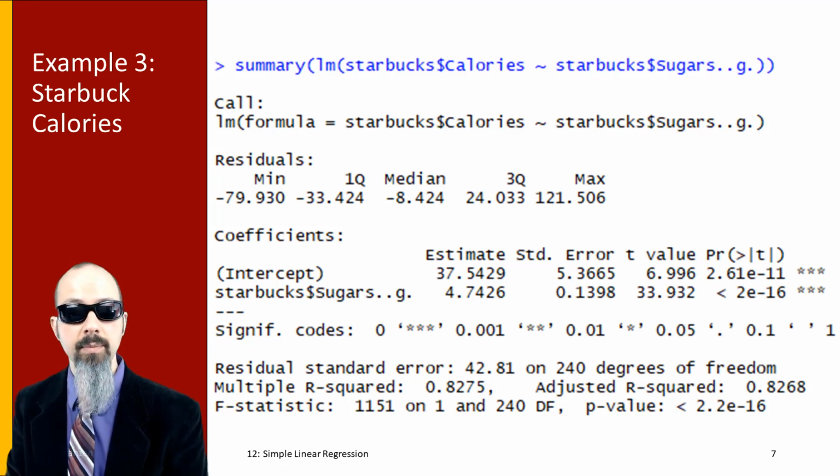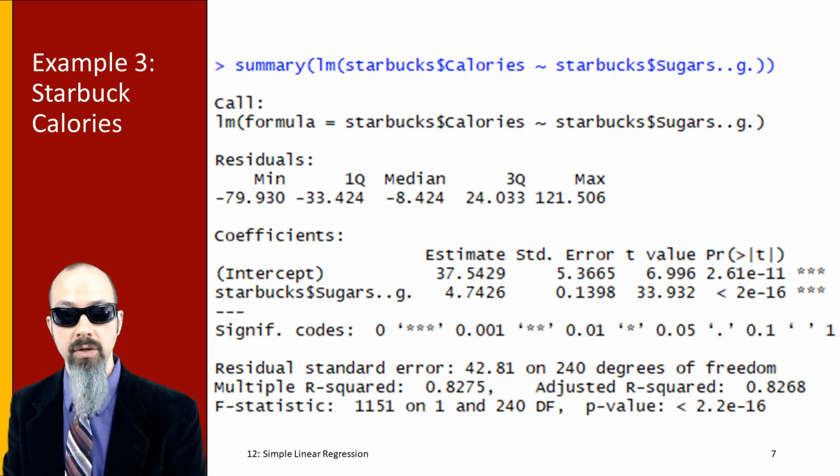It shares the same p-value for both the independent variable and the entire model fit. The coefficient for sugars is 4.7426. I'm going to round that to 4.7. So for every additional gram of sugar, there is an average increase of 4.7 calories for the Starbucks drinks.